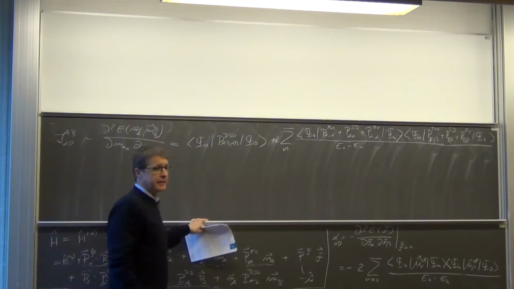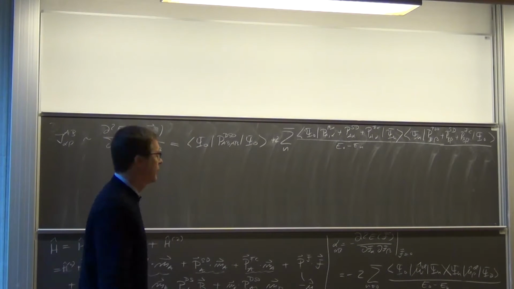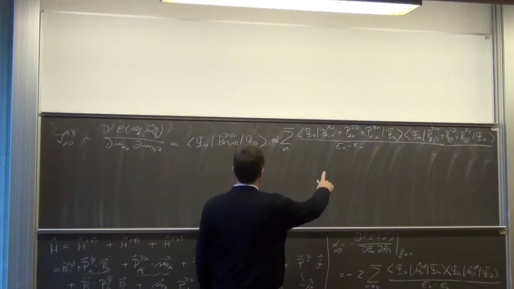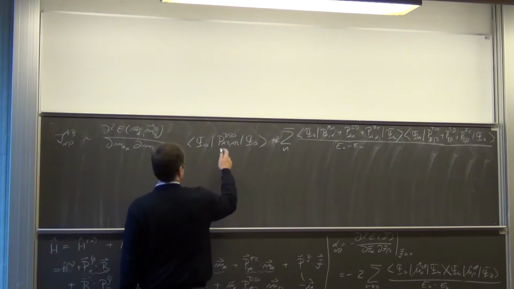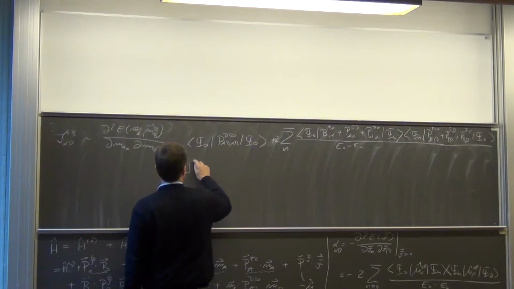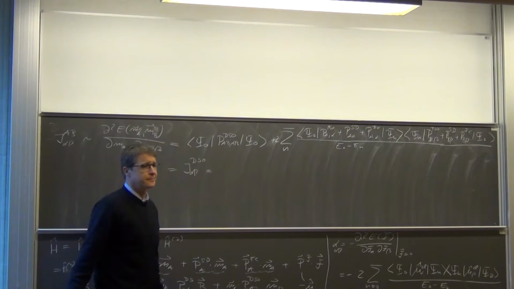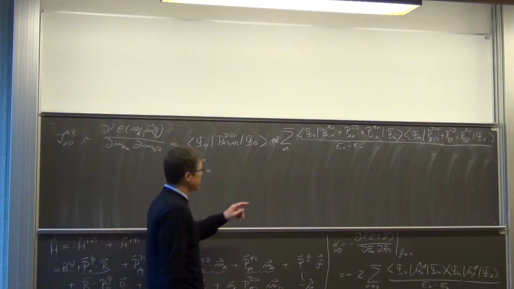And I guess I should have a factor of 2. Now, this one is just called the DSO, diamagnetic spin orbit contribution to the coupling constant. But let's look at this one now.